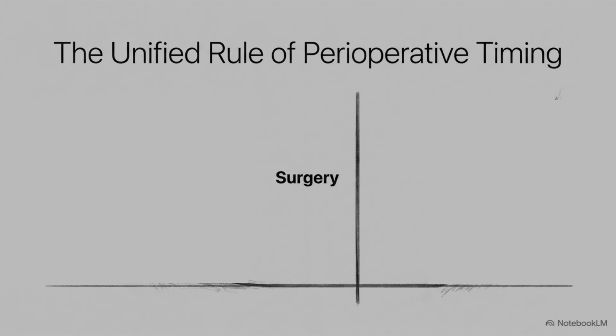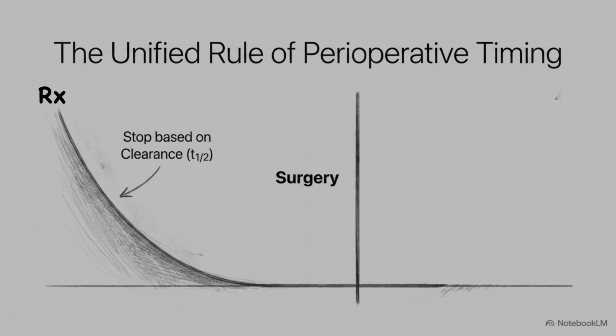So this patient has been scheduled for today, and he's on an antithrombotic medication, and based on the clearance or the half-life of elimination, you figure out and stop the medication days before the procedure, depending upon the half-life of elimination.